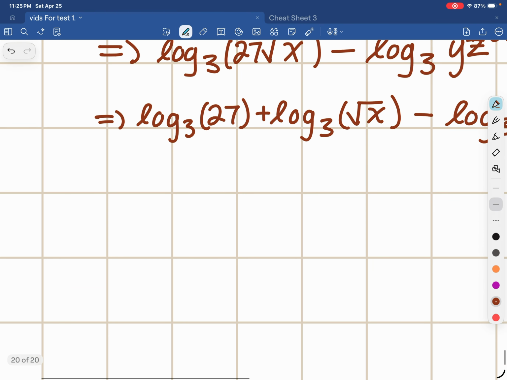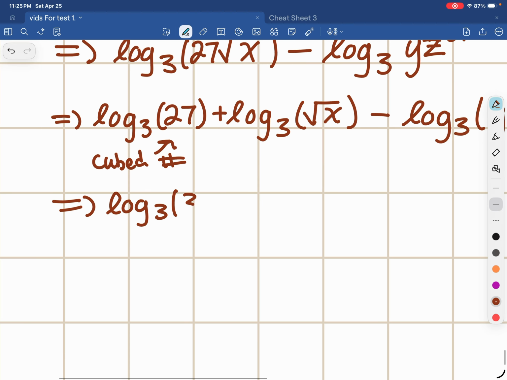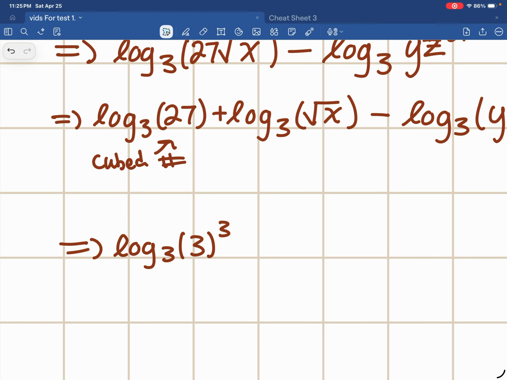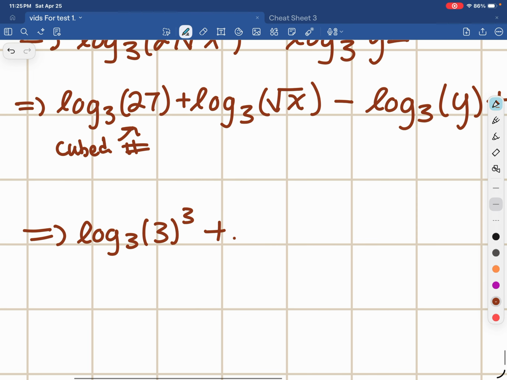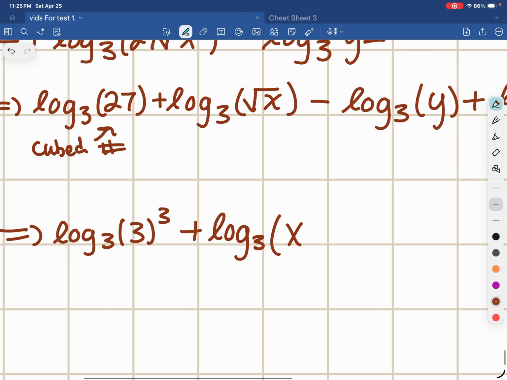So let's break this down. First thing, like I said, this is a cubed number, so we'll have log base 3 of 3 cubed. Beautiful. Then we could do plus log base 3 of x to the 1/2.